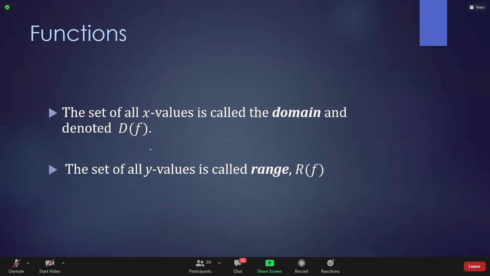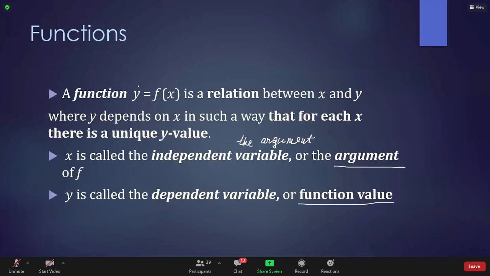And also going back a little bit to the previous slide, this notation, f of x, actually signifies that y is a function of x. And sometimes we actually write that f is a function that to every value of x assigns a specific value of y, or maps x onto y.